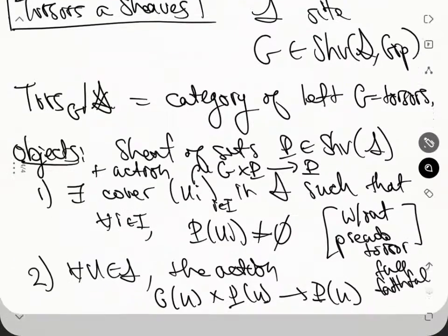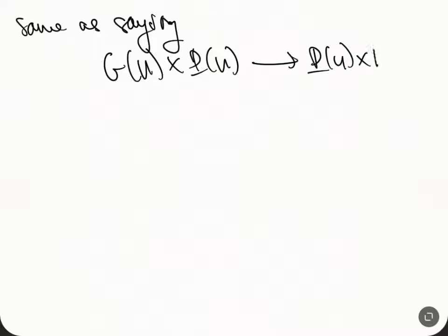This full and faithful condition is the same thing as saying that the map, if I make another map like this, G(U) cross P(U) to P(U) cross P(U), I can call this gamma.